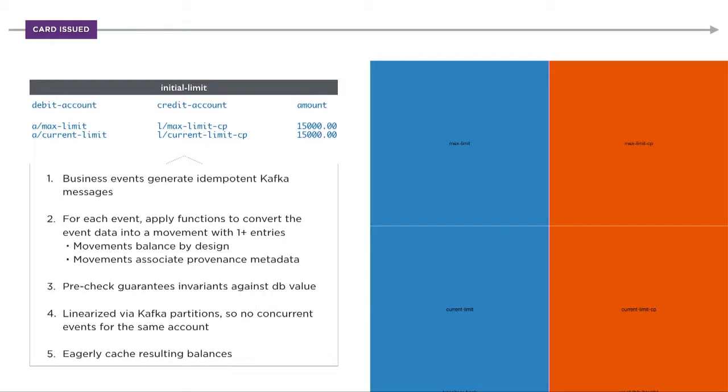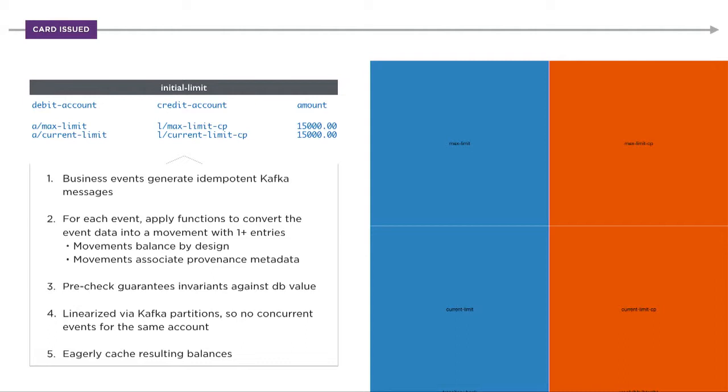And these events are triggered by Kafka messages. Kafka is a technology, a message broker, that's idempotent. So these events are idempotent. We can consume them any time we want, but there's only one effect here. And each event corresponds to one accounting movement.